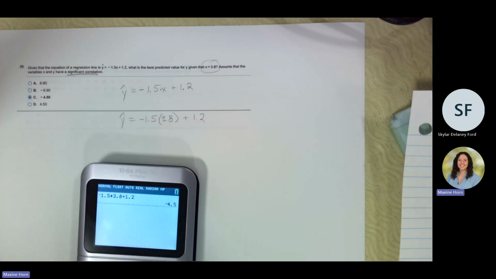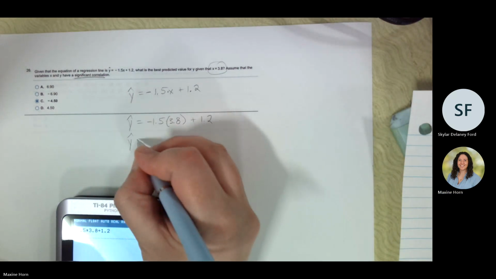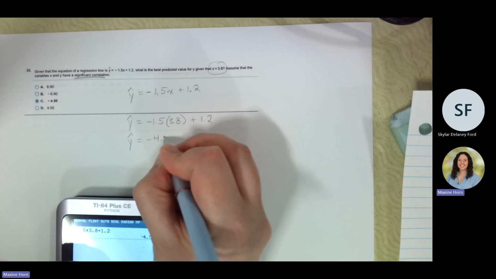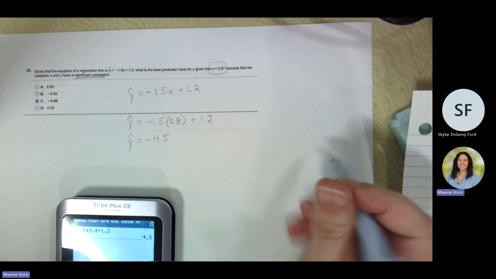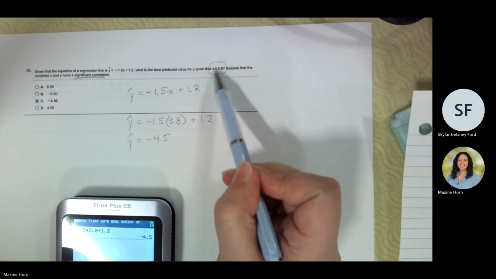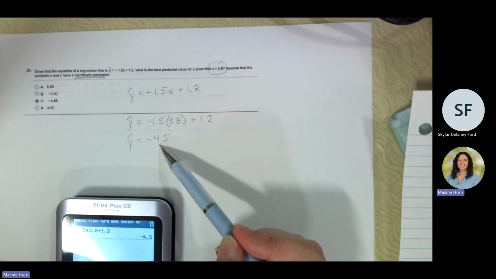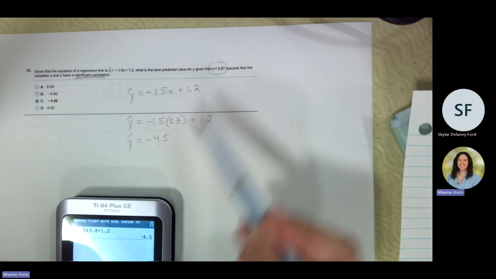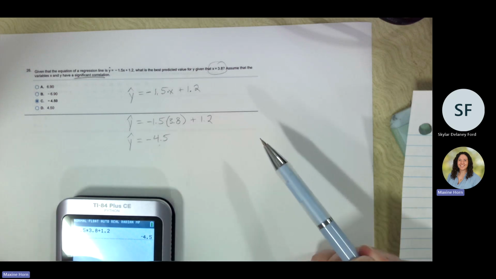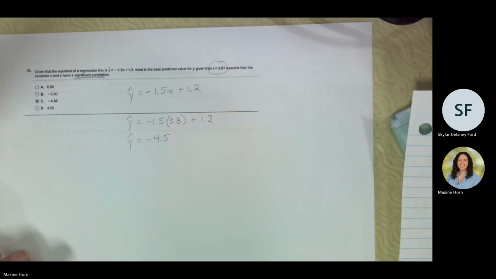And I get negative 4.5. So y hat equals negative 4.5. Right? If I have the independent variable of 3.8, the dependent variable that depends on that is negative 4.5. Okay? All right.